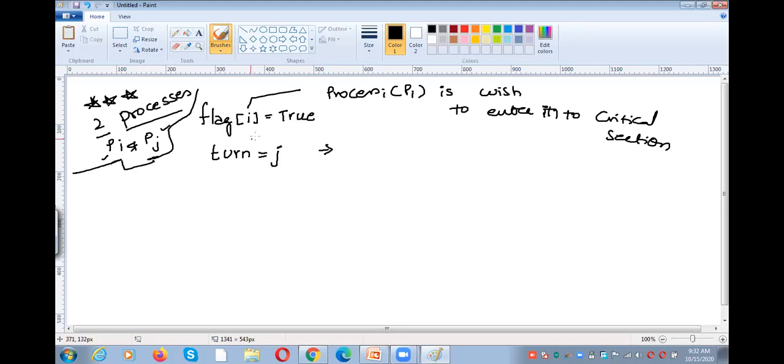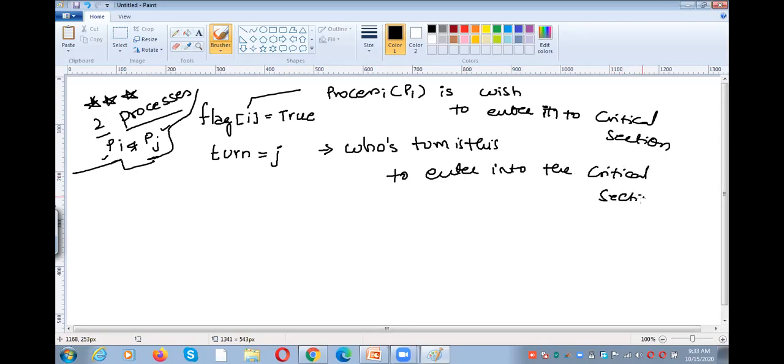The process which is willing to enter into the critical section needs to set the flag to true. And turn means whose turn it is to enter into the critical section. That means you need to check two conditions while entering into the critical section.